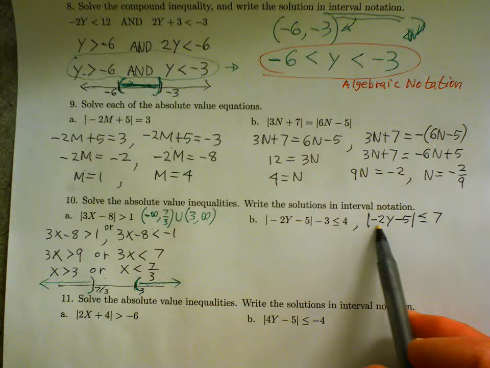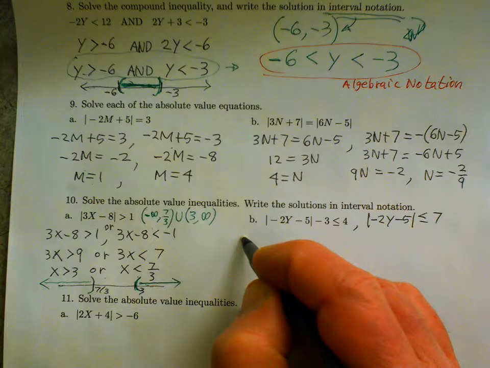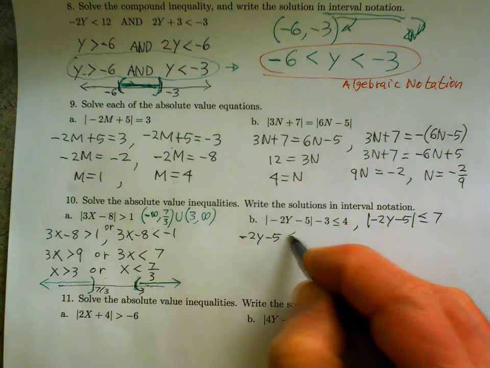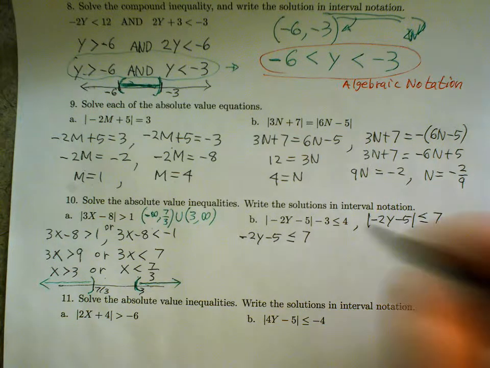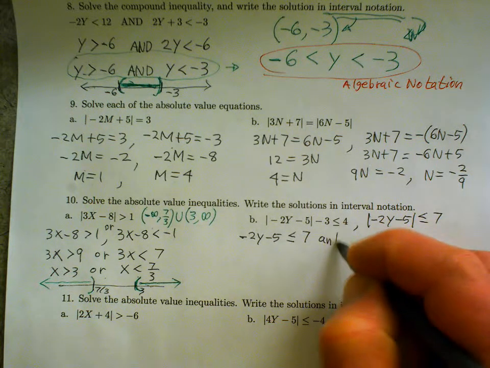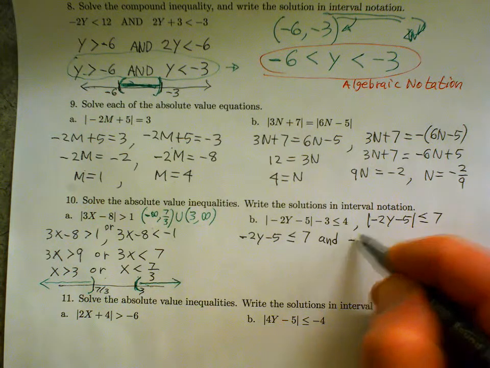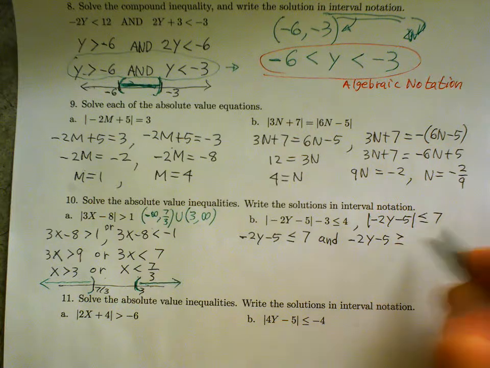Okay, so one inequality without absolute values is just negative 2y minus 5 is less than or equal to 7. This time we're using the word and. Then the other inequality is negative 2y minus 5 is greater than or equal to negative 7.